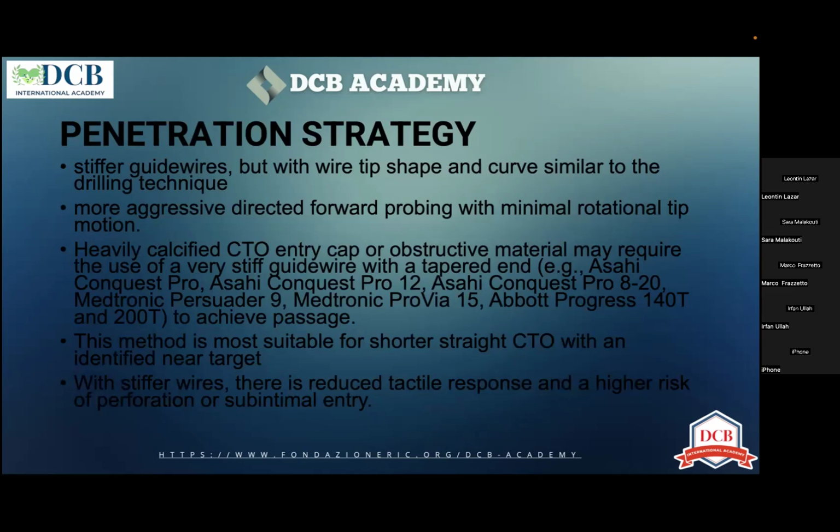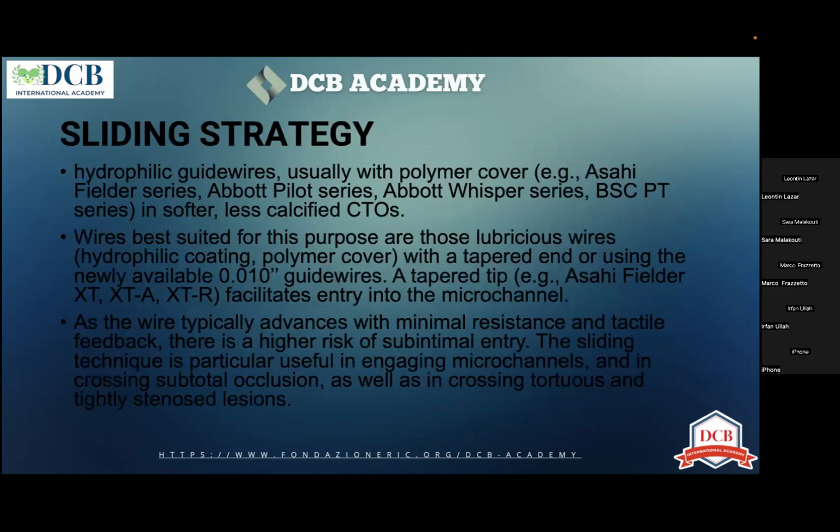I don't go to a Gaia 1 or Gaia 2. I directly go with a Gaia 3, for example, or Gaia Next 2, Gaia Next 3. For the two CTOs that I did during my fellowship, I did it in this way, meaning Gaia 1, Gaia 2, Gaia 3. I know many operators escalate from wire to wire, but usually I escalate 2 or 3 steps.